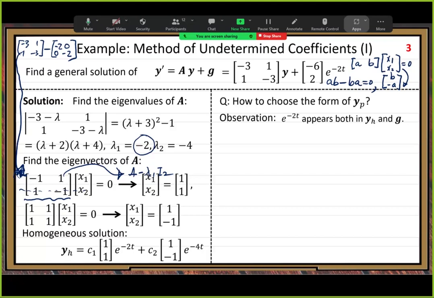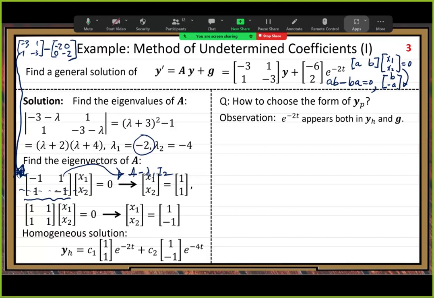Remember, we have three rules. We need to bring those three rules. First one, basic rules. Second one, modification rules. The third one, sum rules. Here we need to use the modification rules. When this function happens to be one of the functions used in the general solution, we need to use the modification rule.